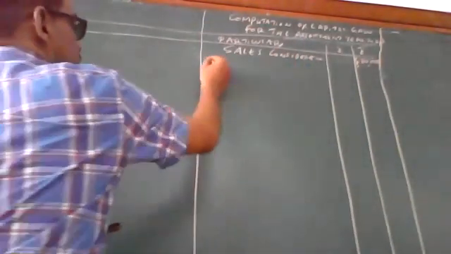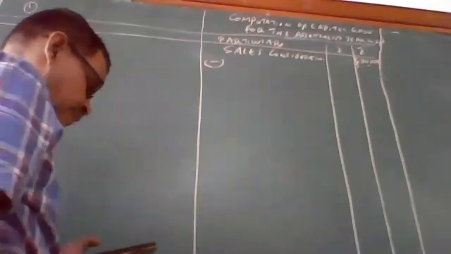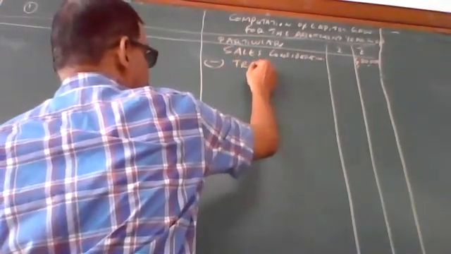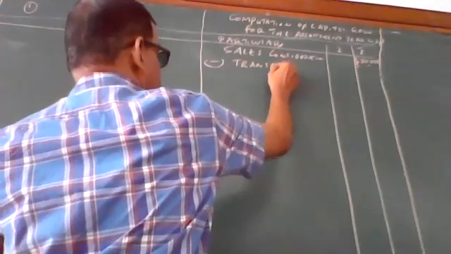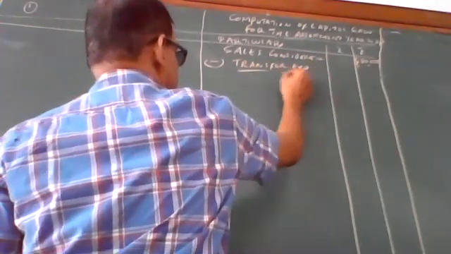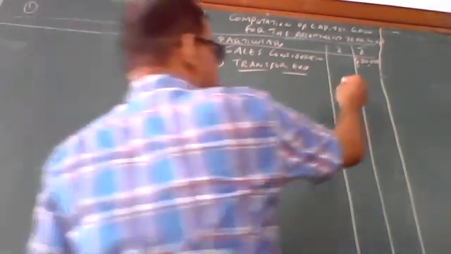Now, minus transfer expenses. How much is transfer expenses? 18,000. Right.